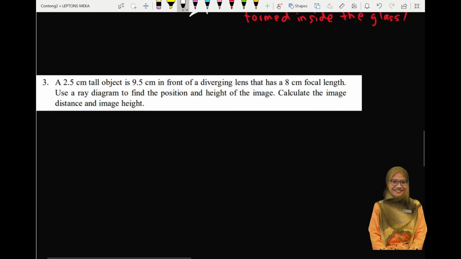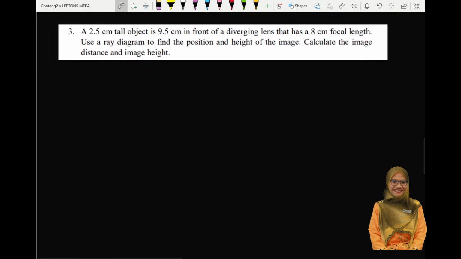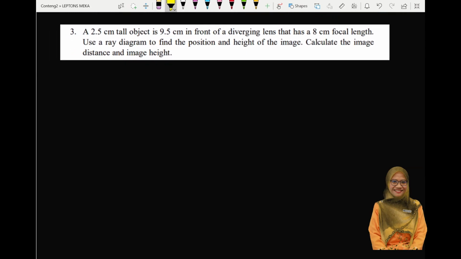Now look at question number 3. A 2.5 centimeter tall object is 9.5 centimeter in front of a diverging lens that has 8 cm focal length.